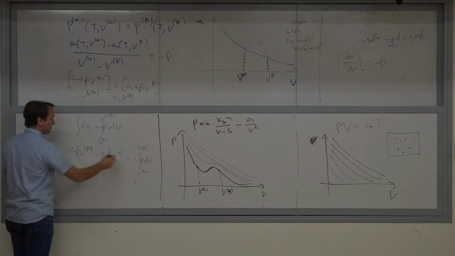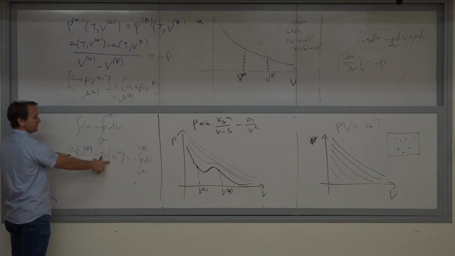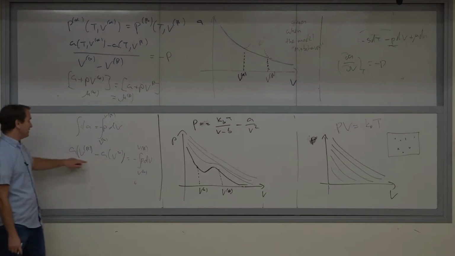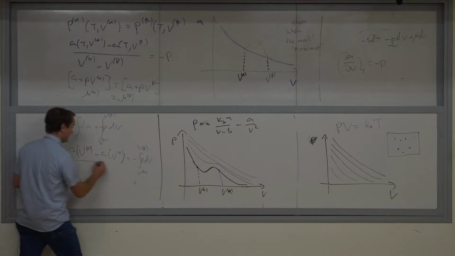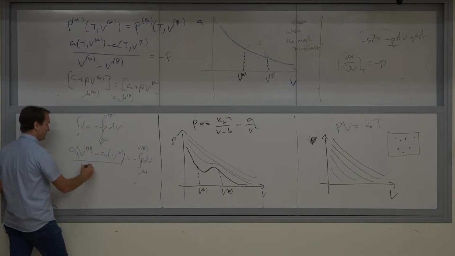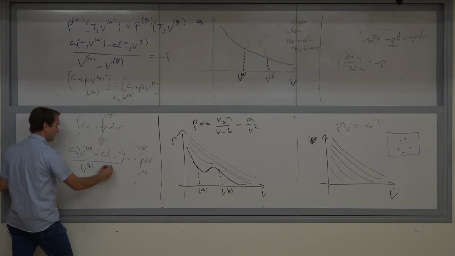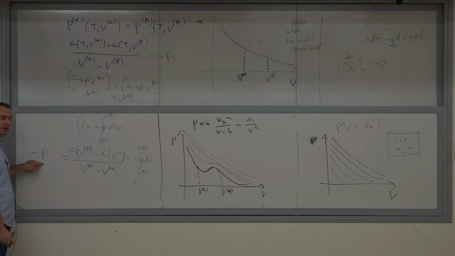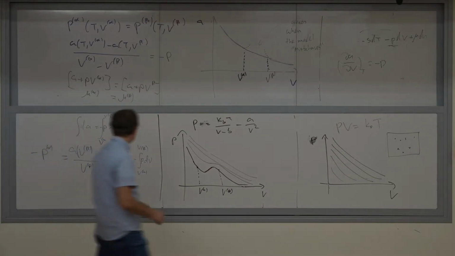But we know what the difference was. Remember that we had A(V beta) minus A(V alpha) divided by V beta minus V alpha, which equals minus P, a constant P. P alpha or P beta, it doesn't really matter.